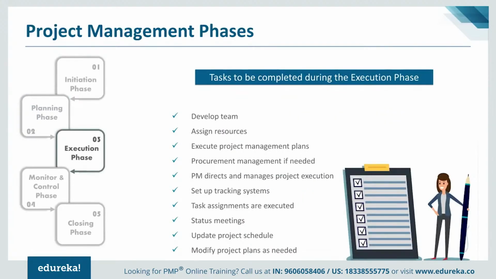This is where your actual team will come into the picture, because now it's time to start working on some of the key tasks as part of the plan that we've all agreed to execute. Then we have to assign the tasks to the resources, and they will then start executing those tasks.